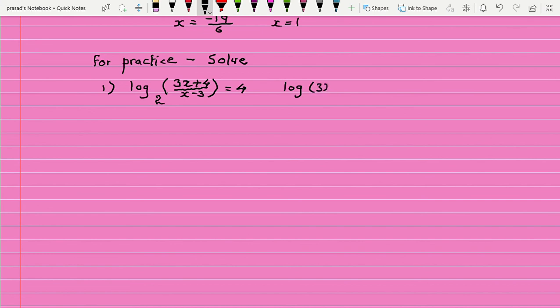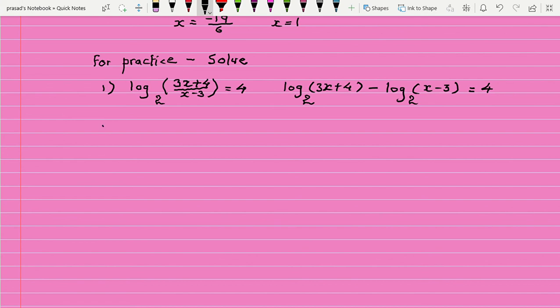Or the same problem can be asked to you as log 3x plus 4 to base 2 minus log x minus 3 to base 2 is equal to 4. Okay, so if it is asked in the second form, first use the laws of logarithm and get it in the first form.